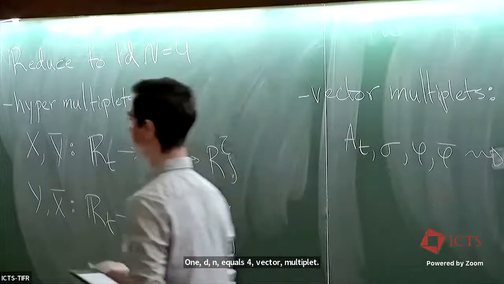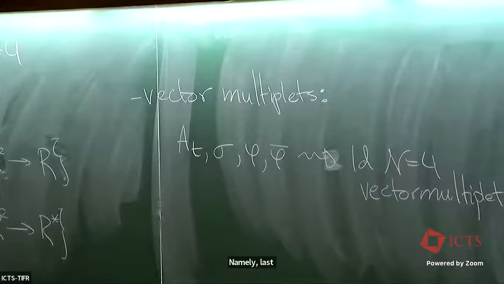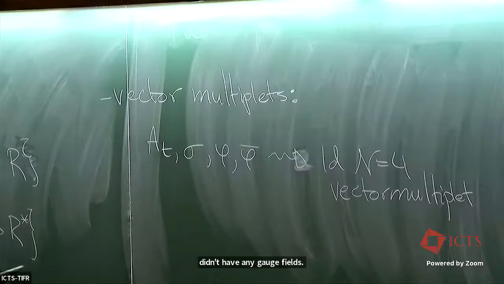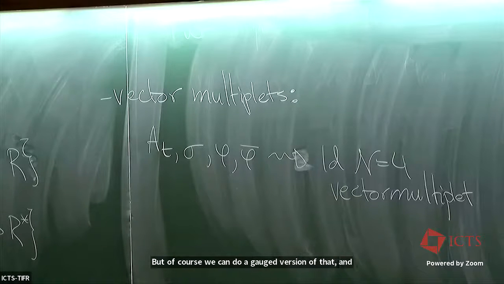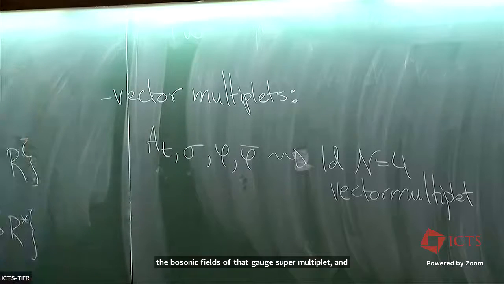Namely, last time I only told you about the vanilla version of 1D n equals 4 quantum mechanics where we didn't have any gauge fields. But of course, we can do a gauged version of that. And the bosonic fields of that gauge supermultiplet in 1D are going to contain a gauge field A and then 3 scalar fields that can be nicely organized like that.